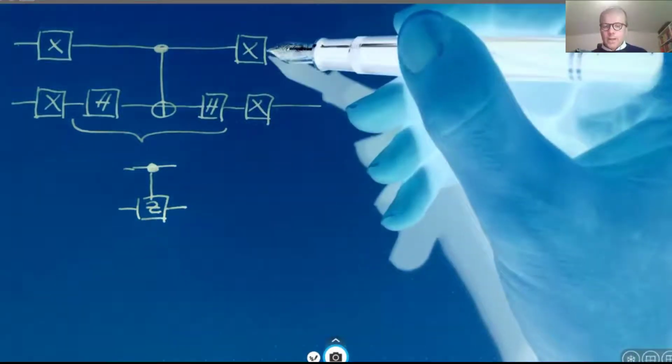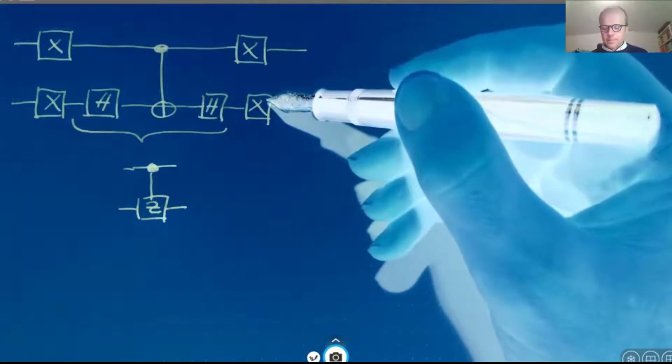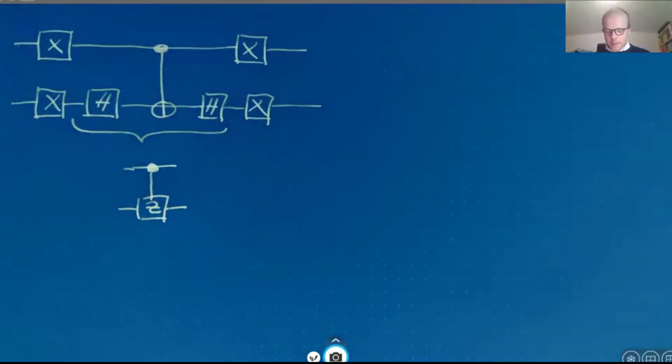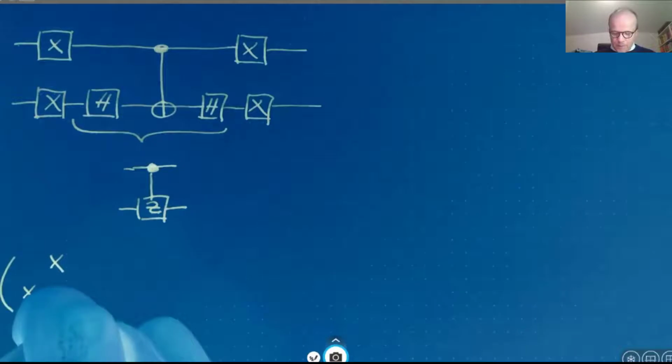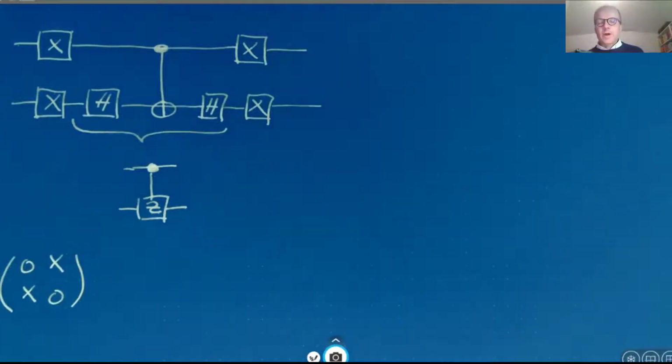When 2 Pauli X's act on each of the qubits, then in terms of matrices, this is described by such a matrix. So it's a 4x4 matrix because we are in a 2-qubit Hilbert space, and each entry of the matrix is a 2 by 2 matrix.